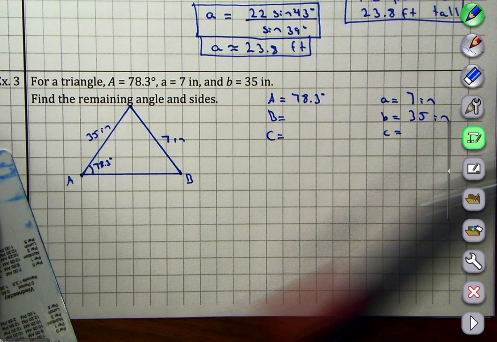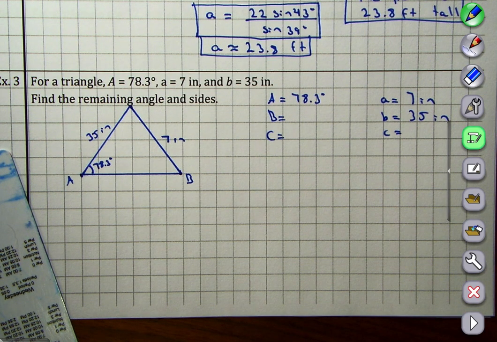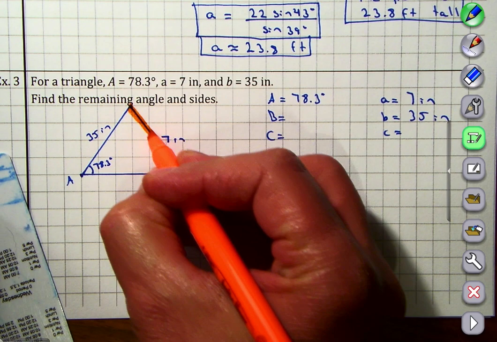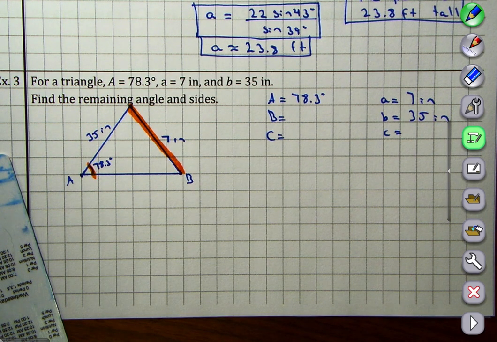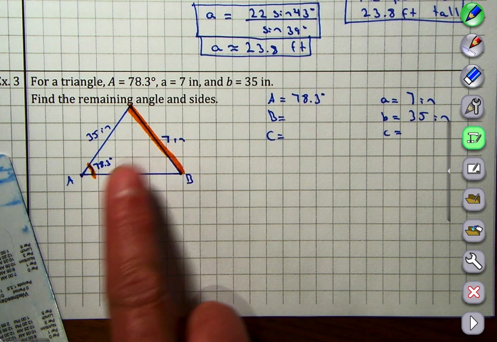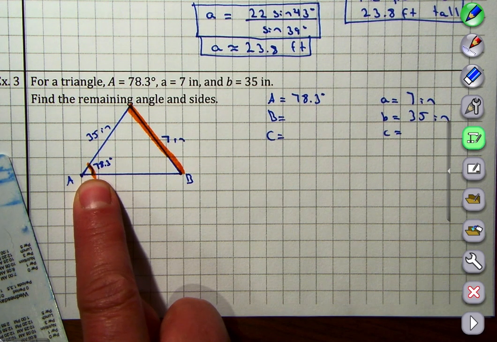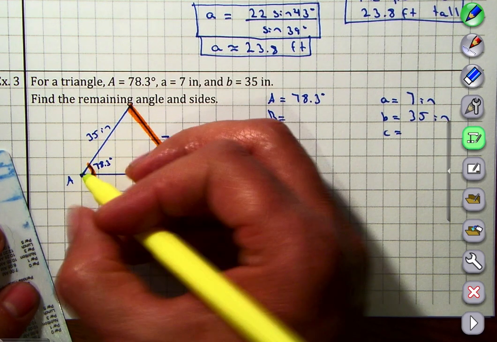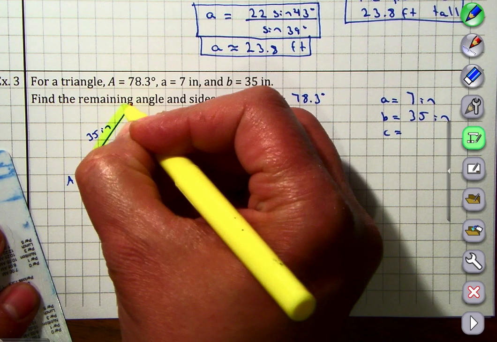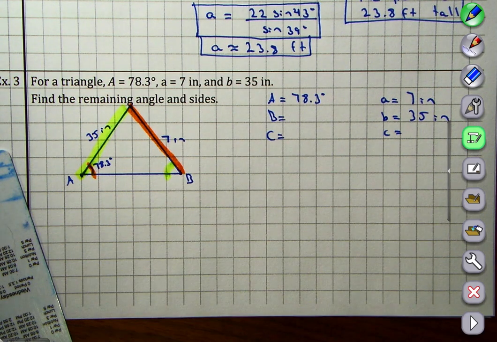So therefore we have a side and the opposite angle, so we are able to use the law of sines. Remember that you're only able to use the law of sines if you have a side and the opposite angle. So therefore, since we have side B, we're going to find angle B first.